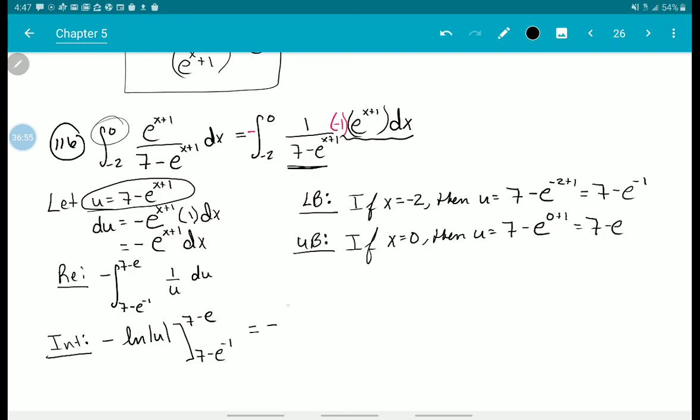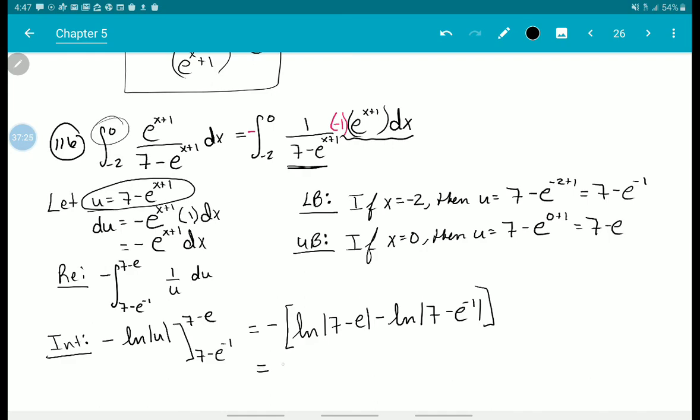So when we integrate, this would be the ln of 7 minus e minus the ln of 7 minus e to the -1. Now, keep in mind, 7 minus e would be a positive number. 7 minus e to the -1 would be positive. So the absolute value is not necessary here.